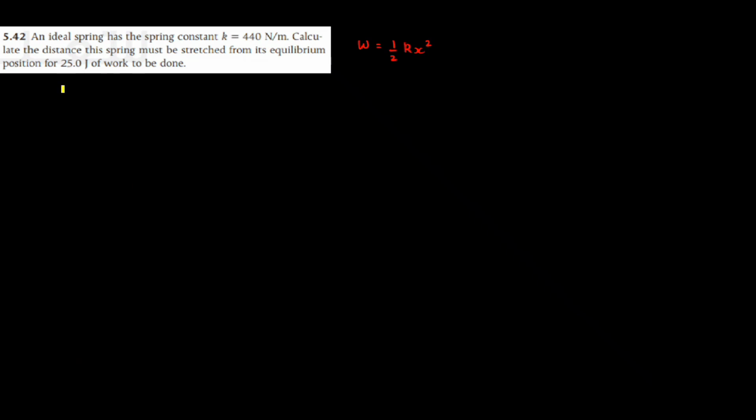The question says, an ideal spring has a spring constant k equals 440 newton per meter. Calculate the distance the spring must be stretched from its equilibrium position for 25 joule of work to be done.